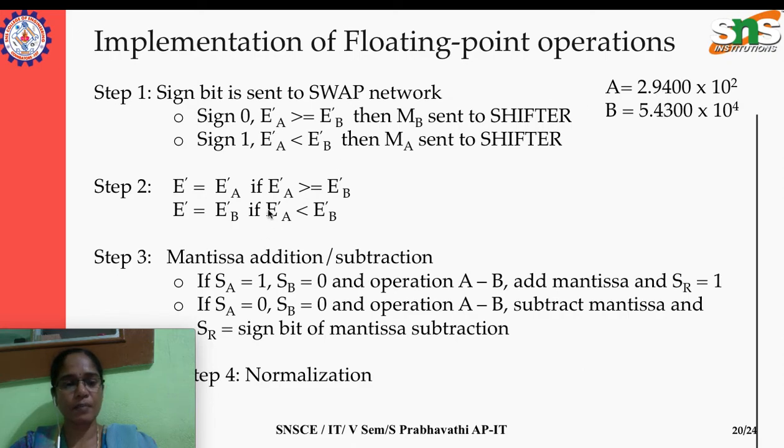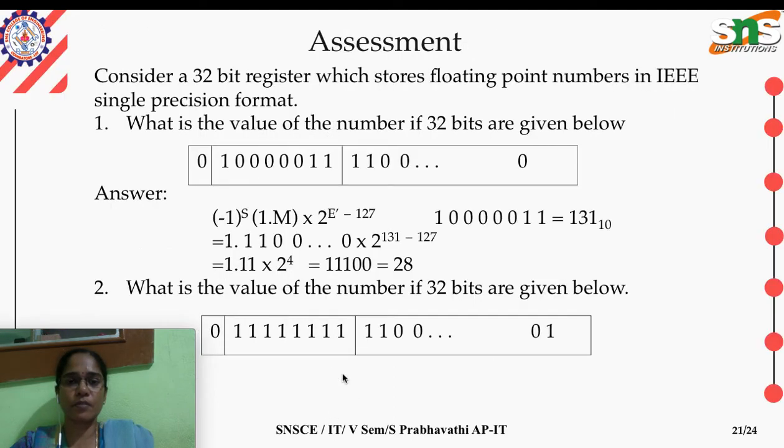The second step is to choose the larger exponent as the resultant exponent, followed by carrying out the actual operation and normalizing the result, mantissa and the exponent. These are the four steps. That's it about today's topic, and of course it is a bit lengthy.